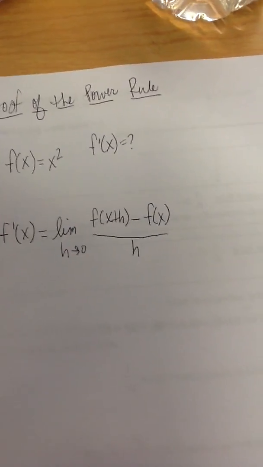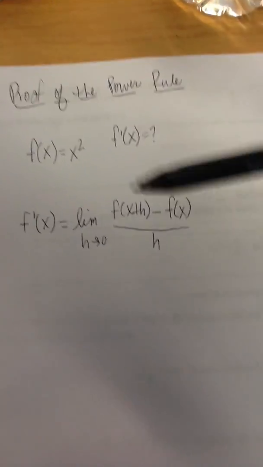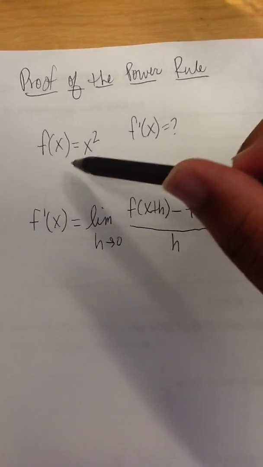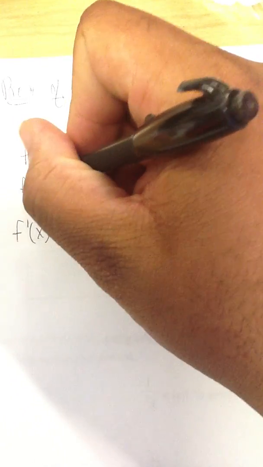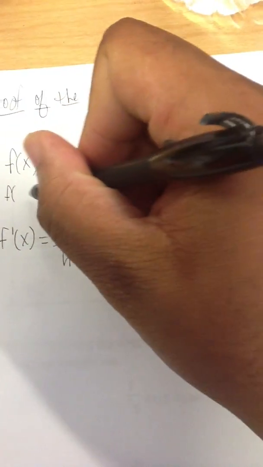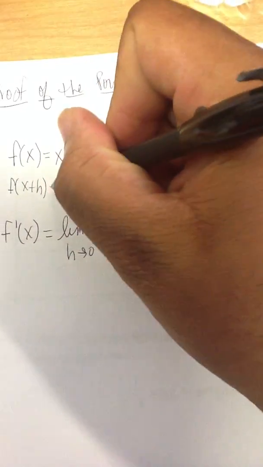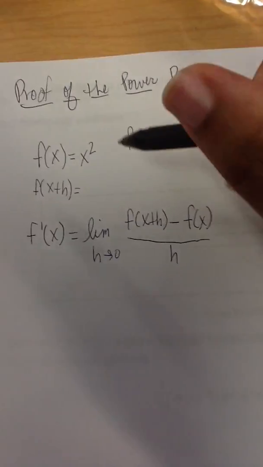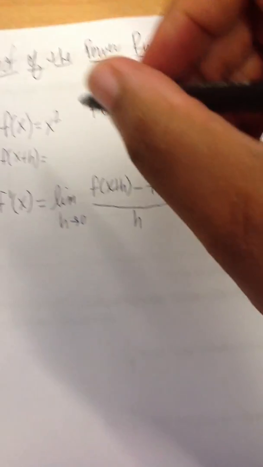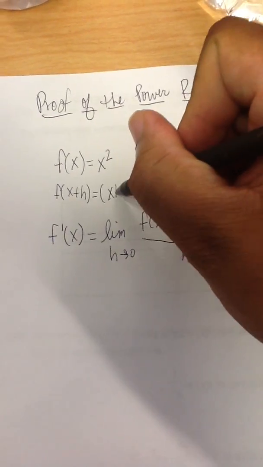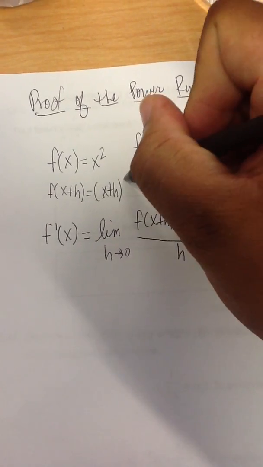That's the rule that I use, right? We always start off by first finding f of x plus h. So this is my f of x, and in the spot of x, we replace it with x plus h. So I have f of x plus h, which is x plus h squared.